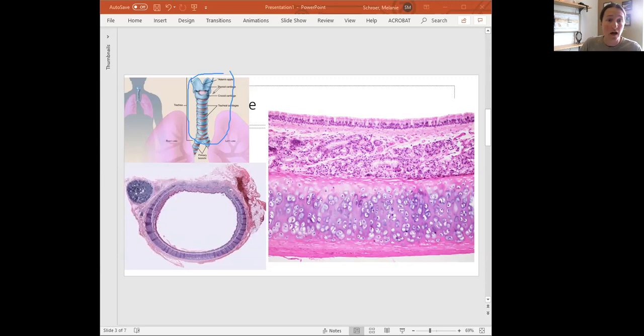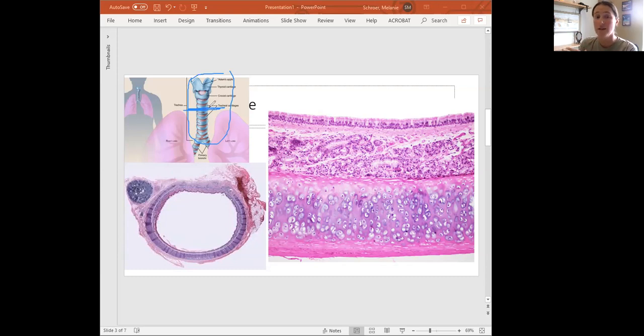If we want to look at the structures of the trachea, what we could do is take a section through the trachea, okay, and we could take a very thin section, put it onto a slide, stain it, right? Normal cells aren't all sorts of pretty colors and everything.